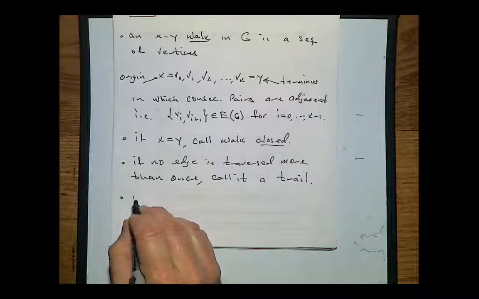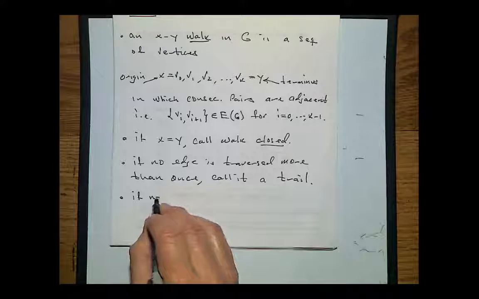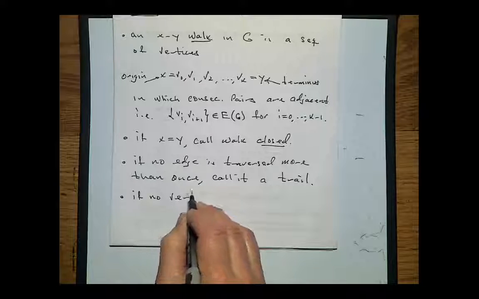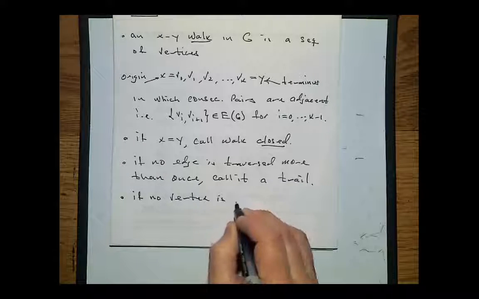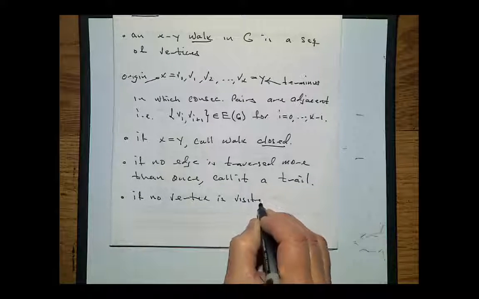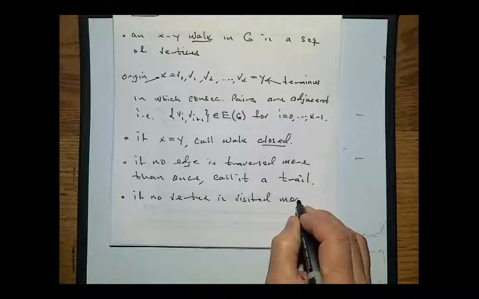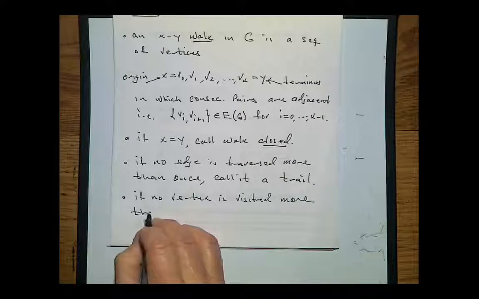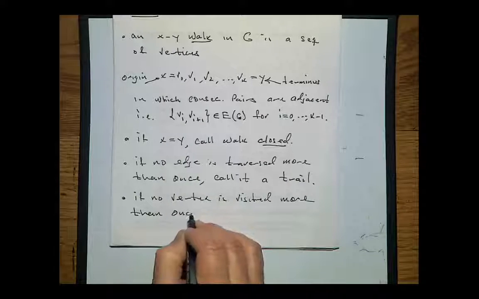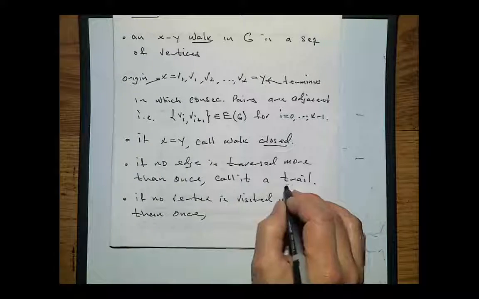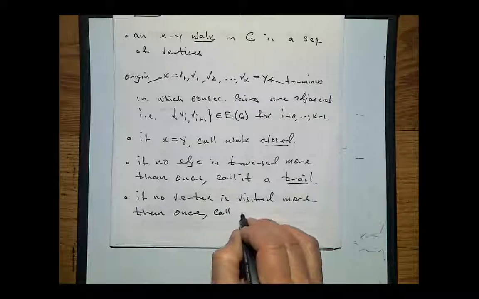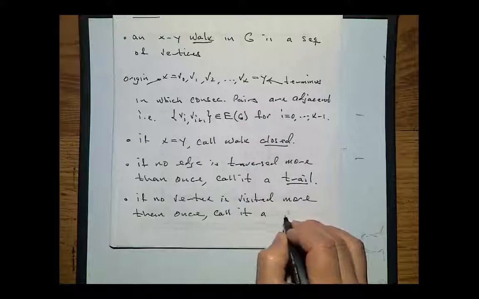If no vertex is visited more than once, we call it a path.